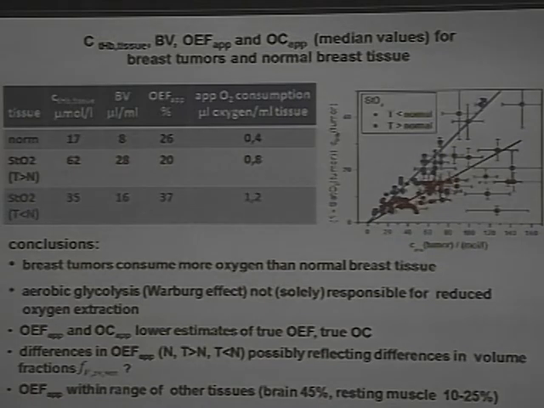The oxygen extraction fractions are lower estimates, of course, and the differences might be due to the differences in the volume fraction of the small veins.